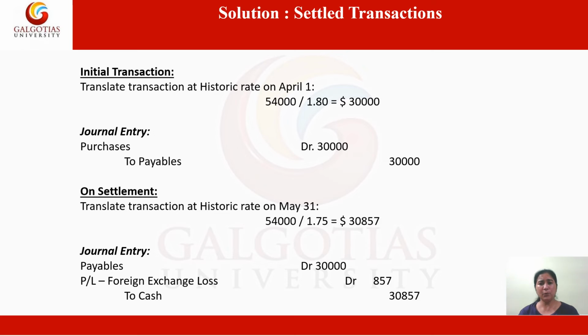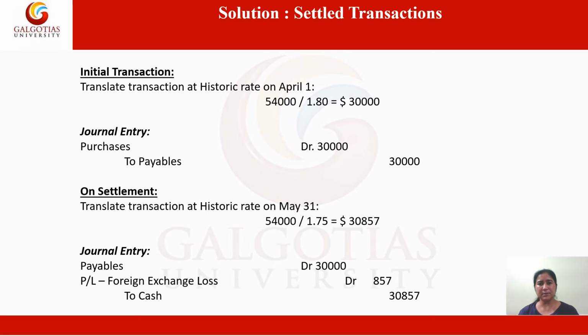Since the due amount was 30,000 as on the date of the transaction and the amount due on the date of settlement is 30,857, therefore there is a resultant loss of $857.